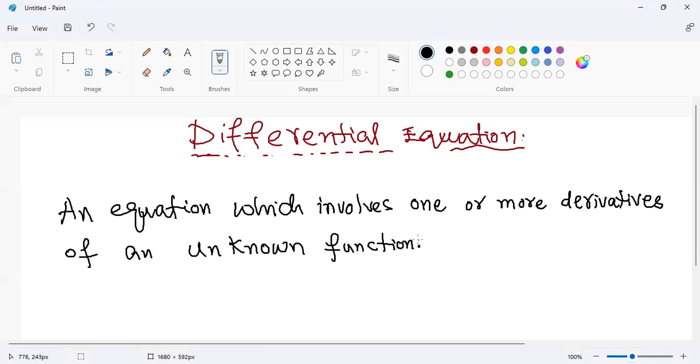An equation which involves one or more derivatives of an unknown function is called a differential equation.